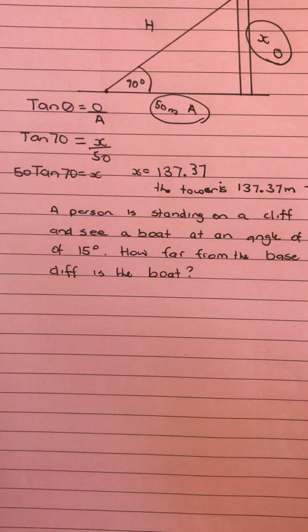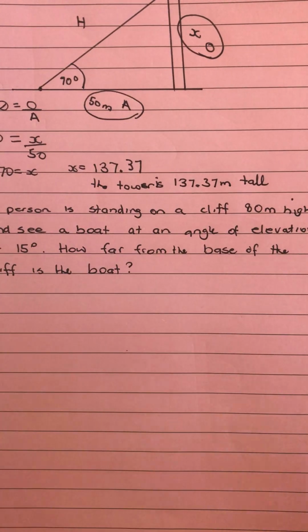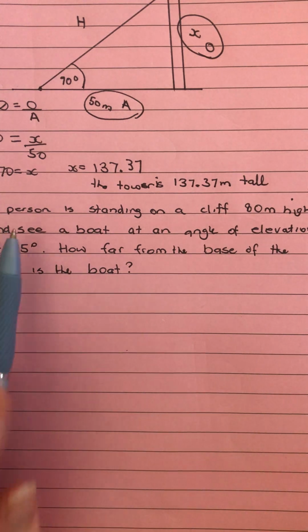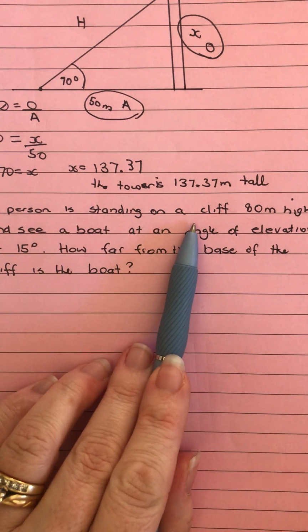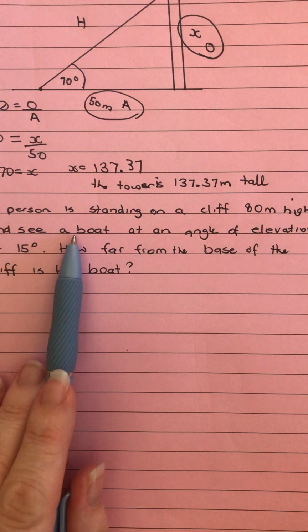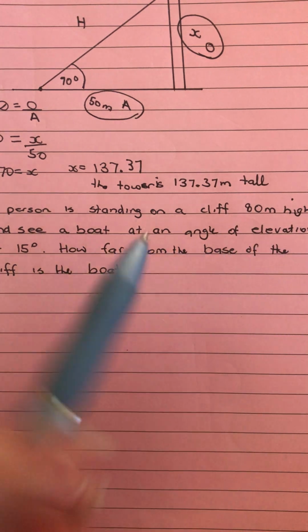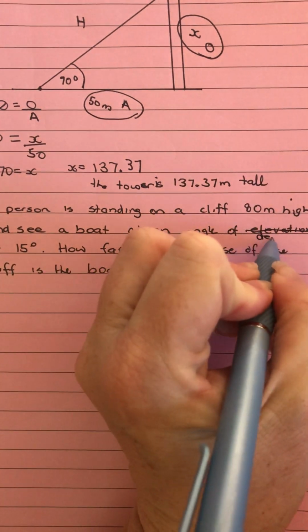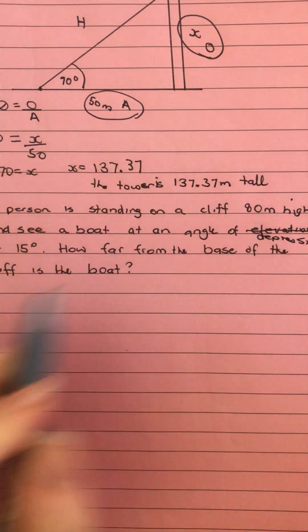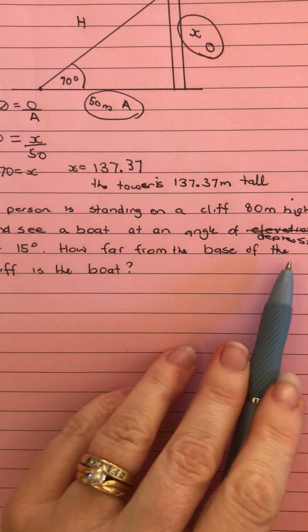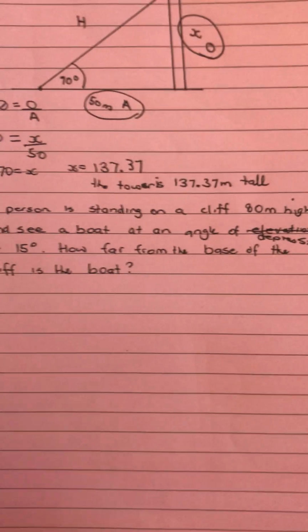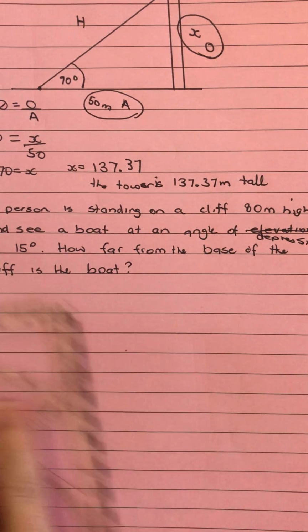In the next one we have our example of an angle of depression type question. So we have a person is standing on a cliff 80 metres high and sees a boat at an angle of, and that should be depression, of 15 degrees. How far from the base of the cliff is the boat? So we've got our person on the cliff.